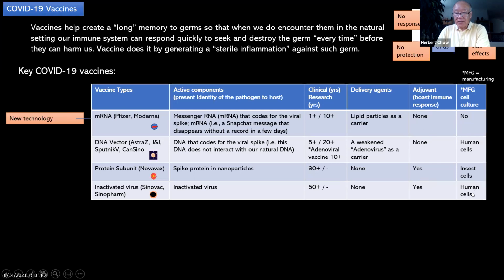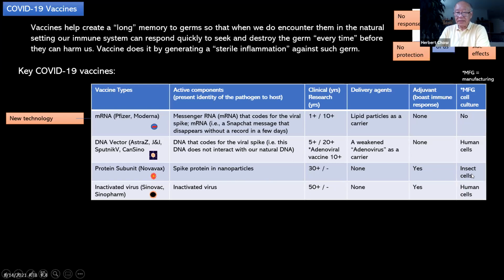The inactivated virus needs something to grow in, and human cells are what they use to grow it in. The DNA vaccines also require human cells to grow the DNA, so both of these require human cells. And here they don't use human cells; they use insect cells to grow the proteins.